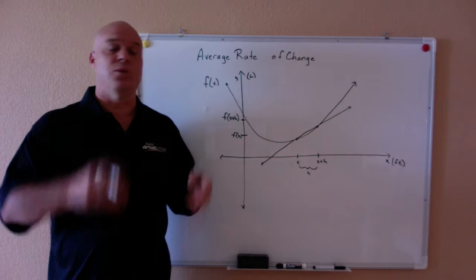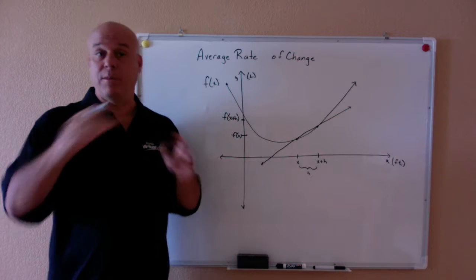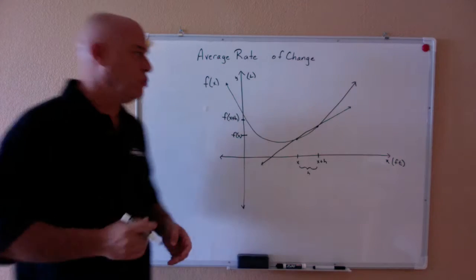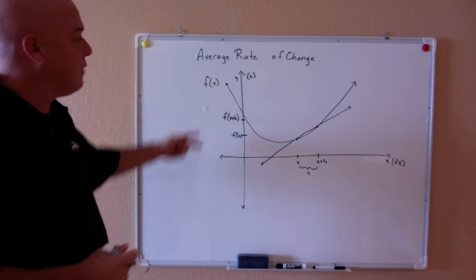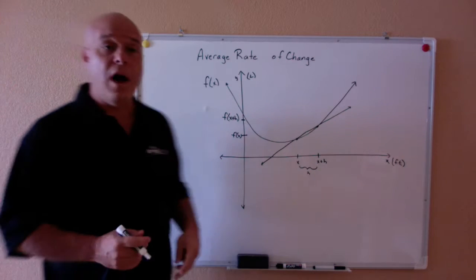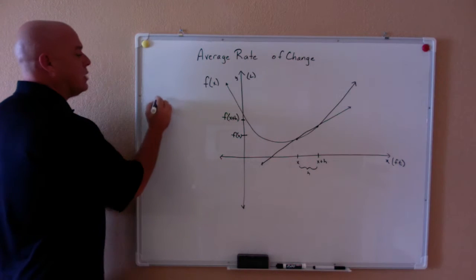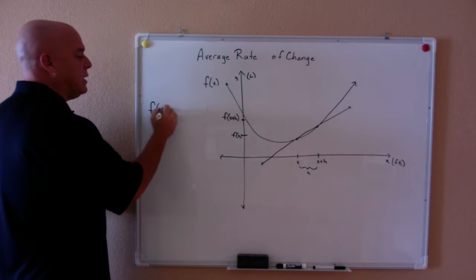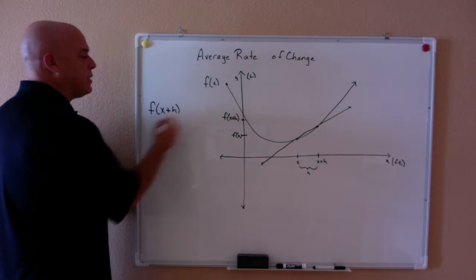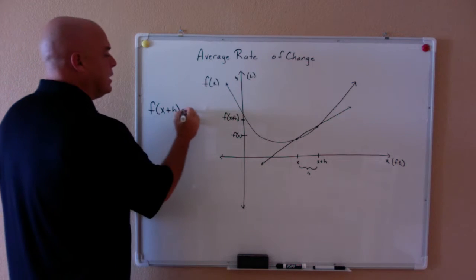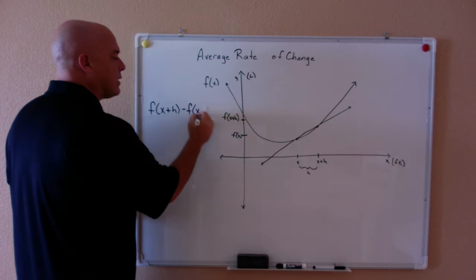Every time the x value changes, how much is the y value changing? To do that, I need to find the difference between the y values, because that will tell me how much the y value has changed. So that's going to be f of x plus h minus f of x.